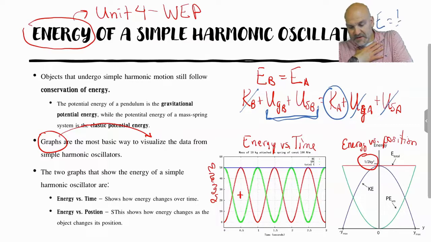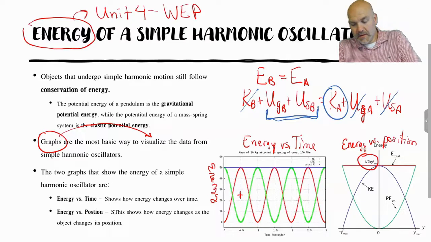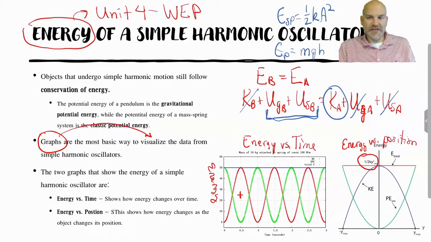Sometimes you'll see, especially for elastic, so the energy for that involving a spring will be 1/2 Ka squared. Let me move that. So the energy in a spring system will be set by 1/2 Ka squared, and for a pendulum, it's actually set by mgh.